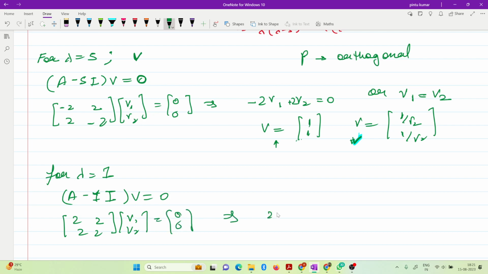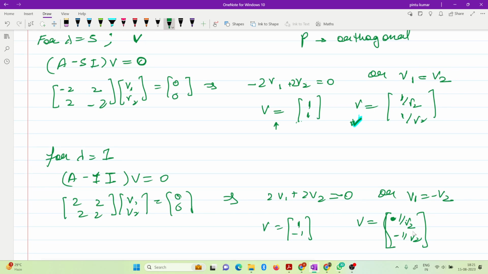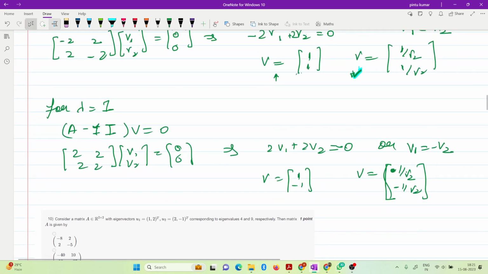So this implies that 2 V1 plus 2 V2 is 0, or V1 is equal to minus V2. So again a choice for V can be 1 comma minus 1, or normalized, this is 1 by root 2 and this is minus 1 by root 2. Right. So now we have obtained our vectors.